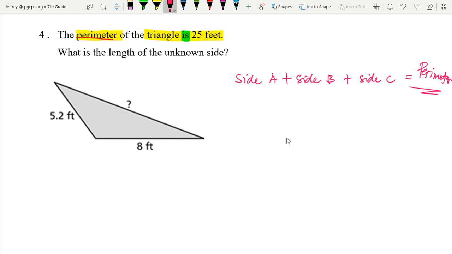Perimeter. Okay? Now, what do we know? We know that a triangle has 3 sides. And for 2 of the 3 sides, we have the lengths.